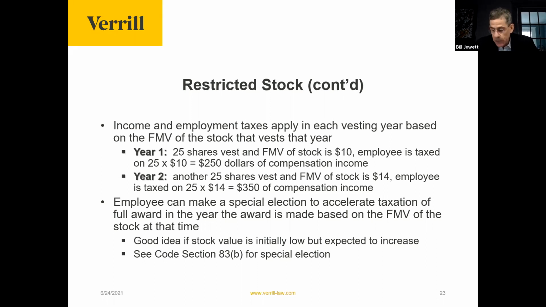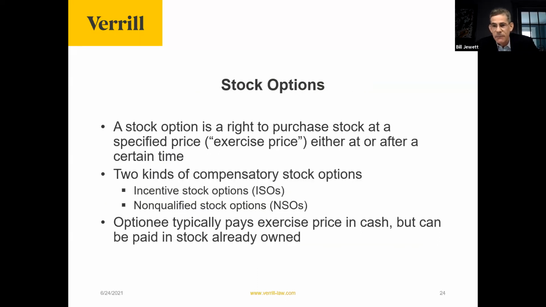And this is especially useful in the case of profits interests, where the upfront value of the profits interest will, if you satisfy certain requirements, be 0. So you can pay tax at a 37% rate on 0 and not be taxed as the profits interest vests, which is a pretty good deal.